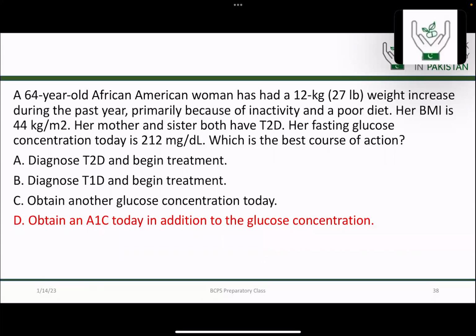So we will take A1C, HbA1c as well, in addition to the glucose concentration, and then we now have 2 different criteria, and these criteria could be checked from one sample or 2 different samples. After meeting 2 diagnostic criteria, now we can consider, based on the results of HbA1c, whether the patient has diabetes or not, and whether we should initiate the treatment or not.